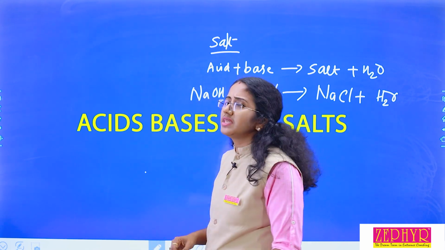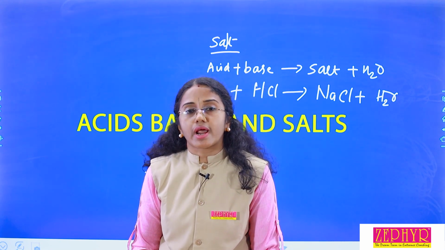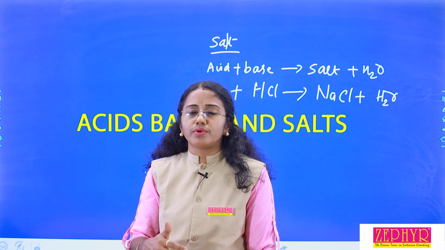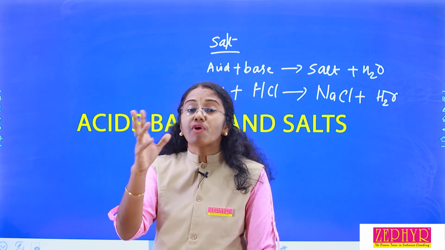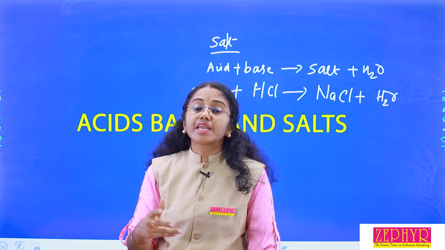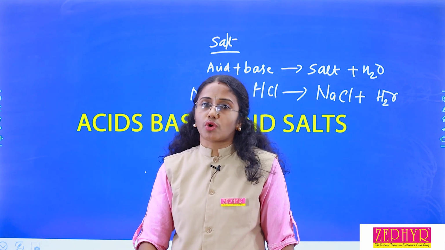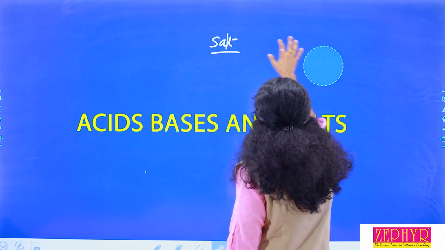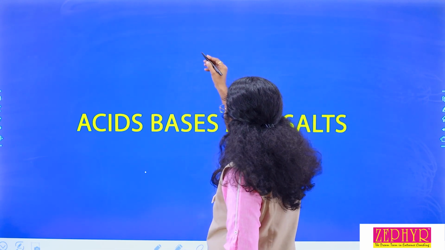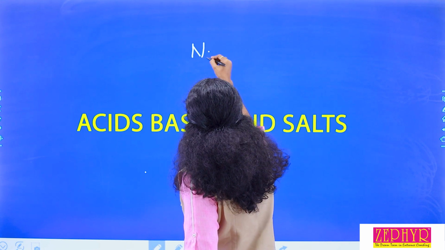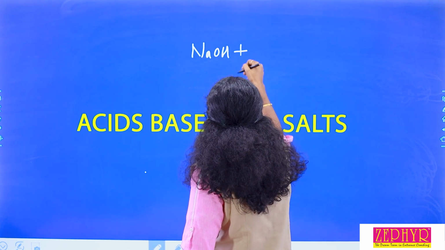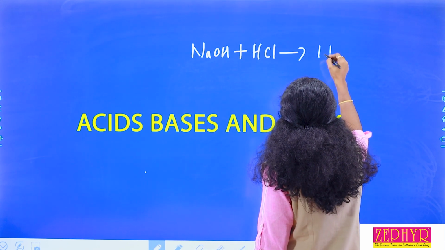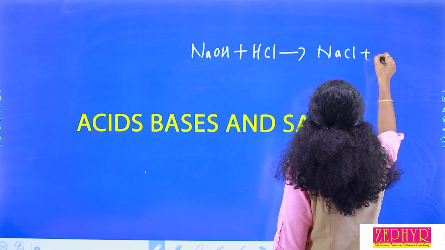Based on the strength of the acid or base, we can predict the nature of the salt. Before that, the reaction: sodium hydroxide reacts with HCl to give sodium chloride and water.